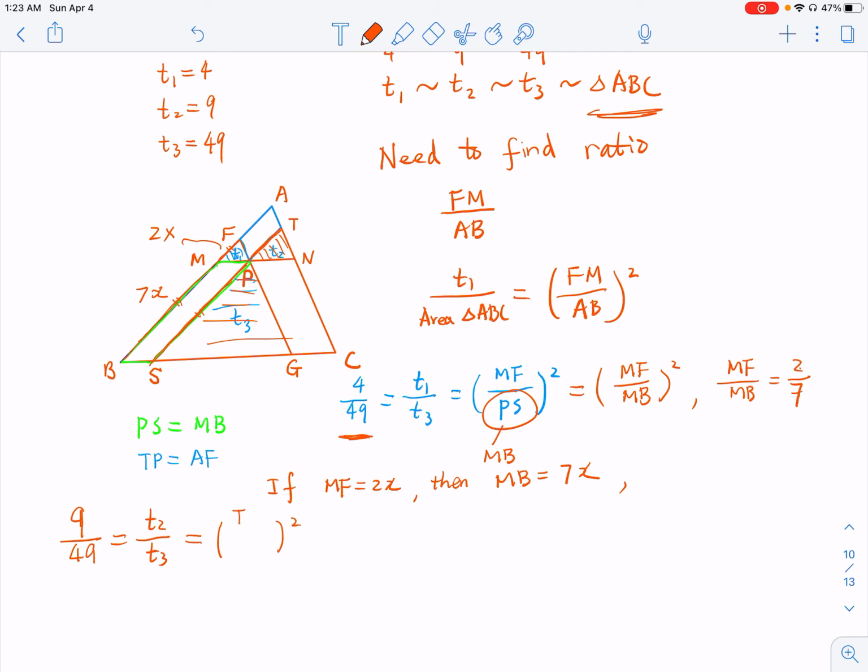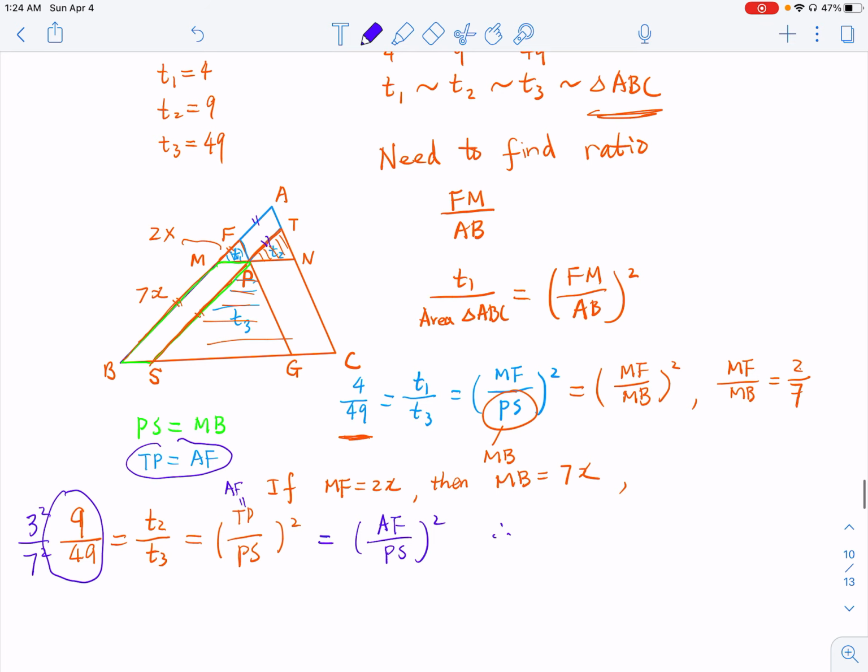Earlier we know that TP equals AF, so I rewrite this as AF over PS squared. Because this is equal to 9 over 49, which is 3 squared over 7 squared, we're given that AF over PS equals 3 over 7, right?